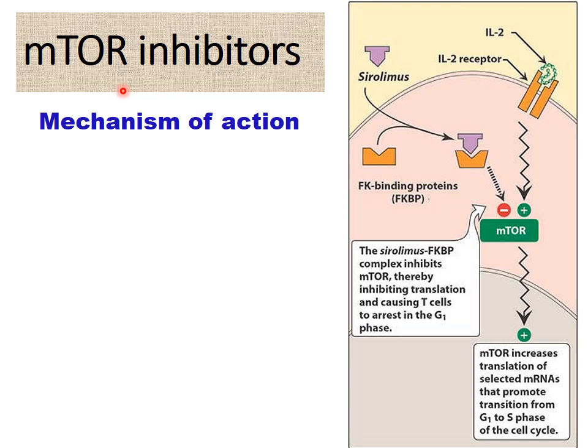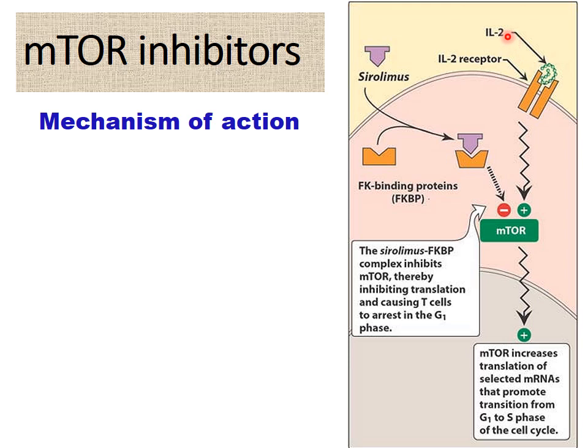The mTOR inhibitors act at a later stage than cyclosporine and tacrolimus. As we know, interleukin 2 is synthesized from the activated T cell, and this interleukin 2 is responsible for the proliferation and differentiation of the various subsets of the T cell.